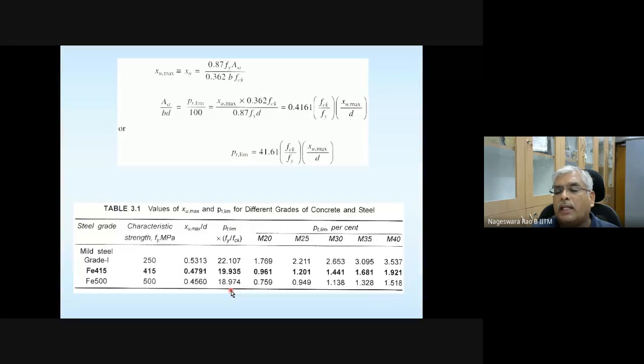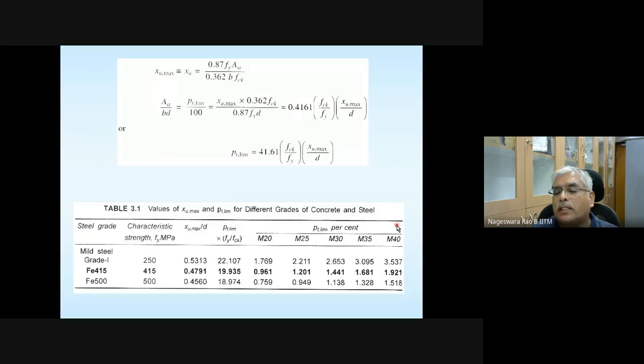Percentage of steel in terms of FCK and FY. Already FY is decided here. So now with respect to FCK, you can prepare a table like this for different grades of concrete in combination with the different types of steel. What is this limiting value of percent tensile steel? Okay, you don't need to take a note of this table. You take a note of these equations.